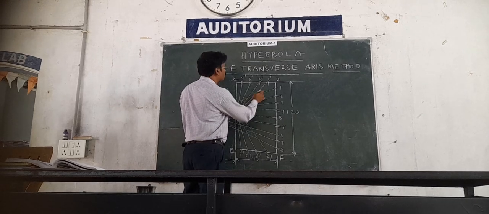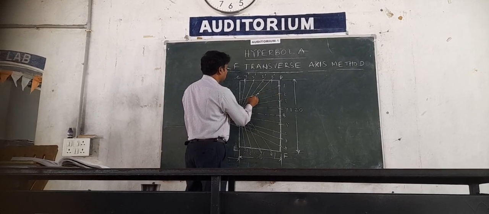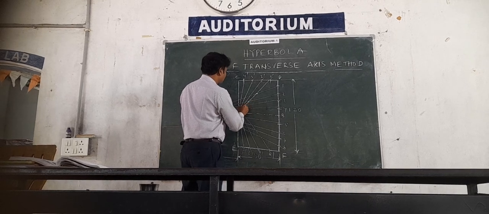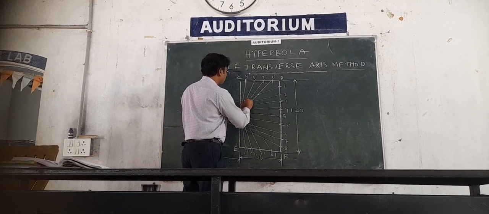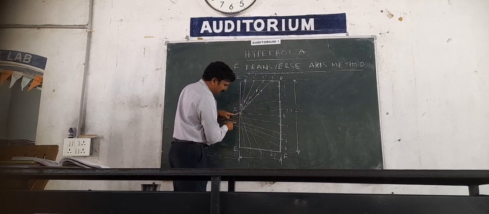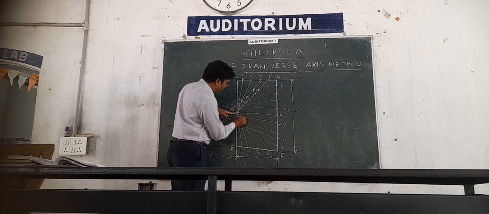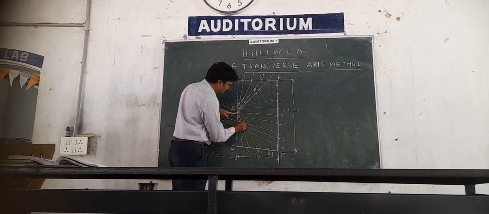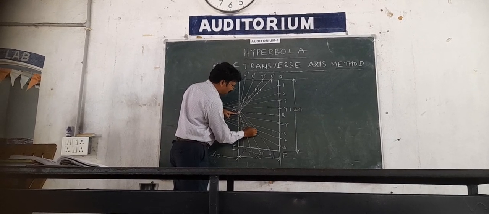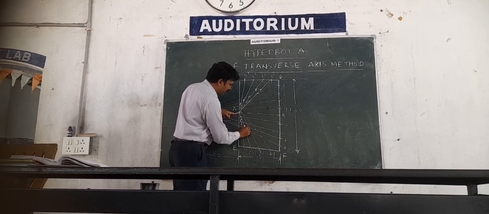Intersecting points 1 to 1, 2 to 2, 3 to 3, 4 to 4, P1, P2, P3, P4. Again 5 to 5, 6 to 6, 7 to 7, and 8 to 8. So P5, P6, P7, P8.